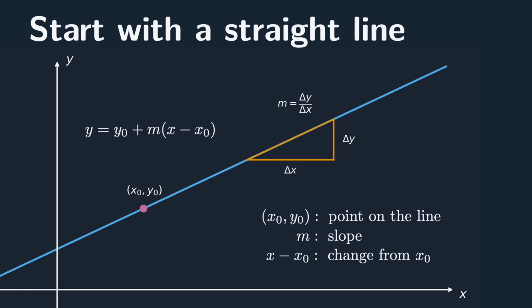The term x − x₀ tells us how far and in which direction x has moved from x₀. So the equation says the y value at x is the y value at x₀ plus the slope times the change from x₀. Linearization uses the same idea. The difference is that the straight line we use will be the tangent line to the nonlinear function.